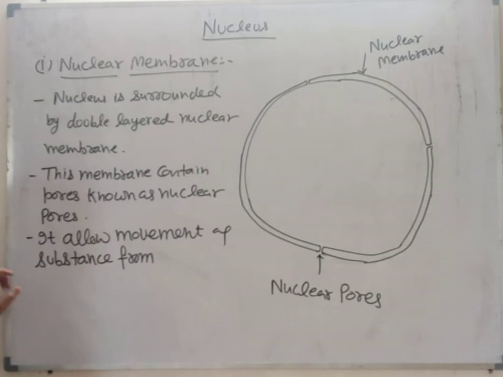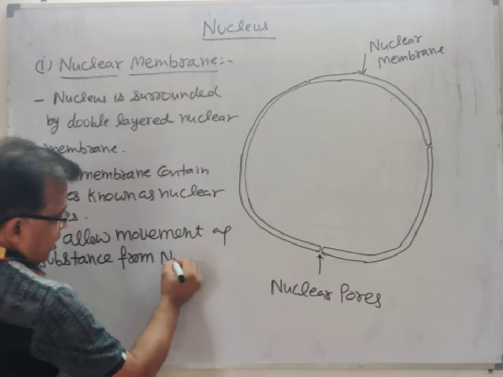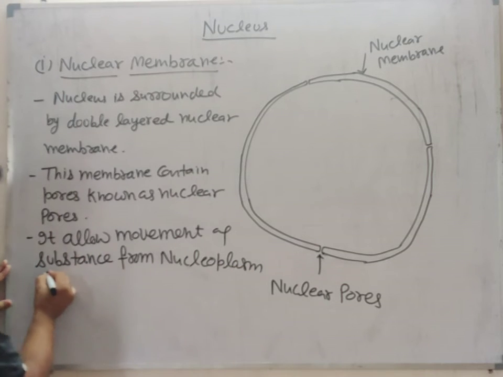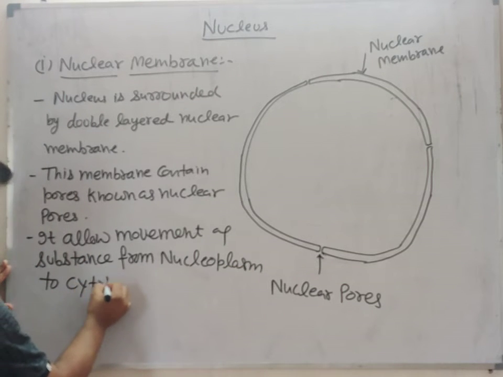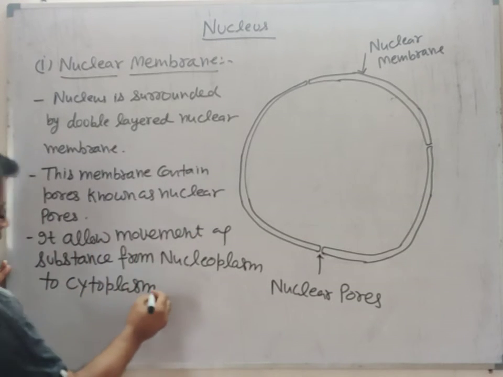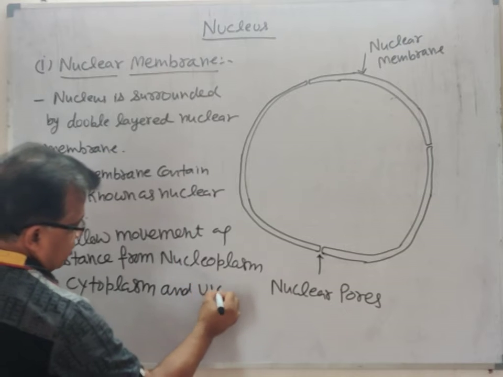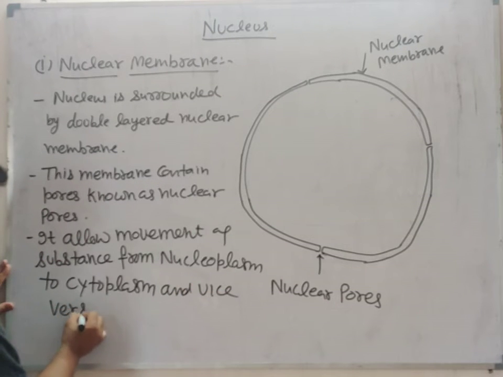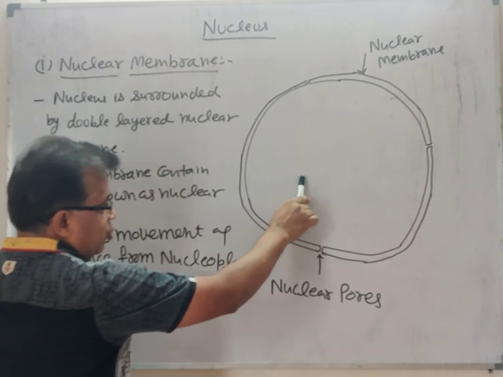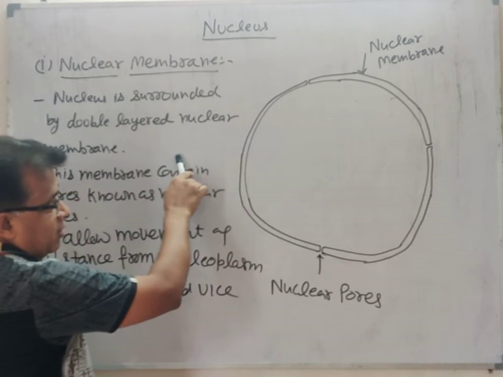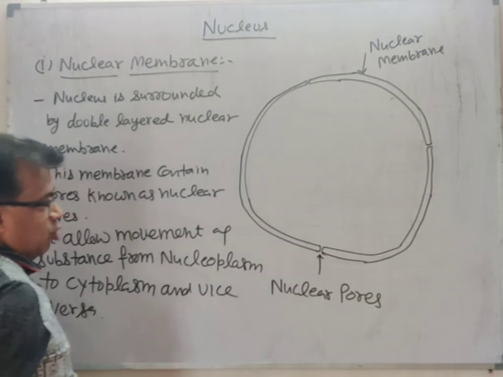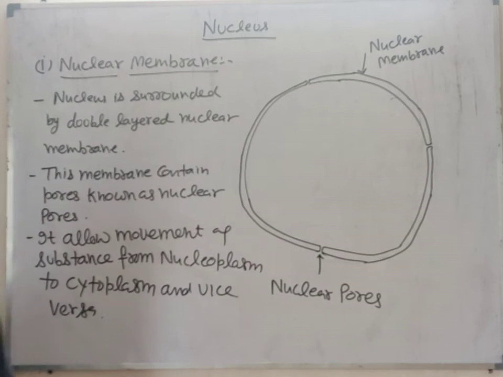So it allows movement of substances from nucleoplasm to cytoplasm, that is from inside to outside, and vice versa. Vice versa means the opposite. It allows the movement of substance from inside, that is nucleoplasm, to outside, that is cytoplasm, and from cytoplasm to nucleoplasm. Now we shall study nucleoplasm.